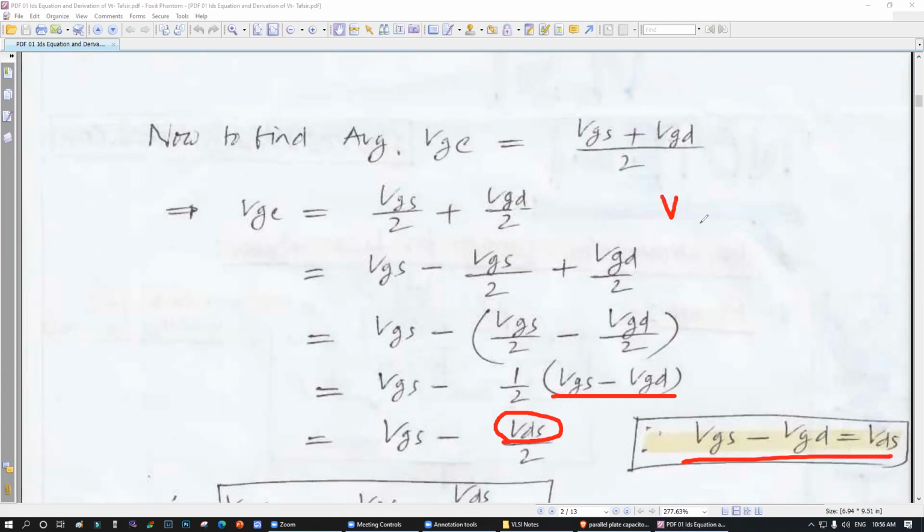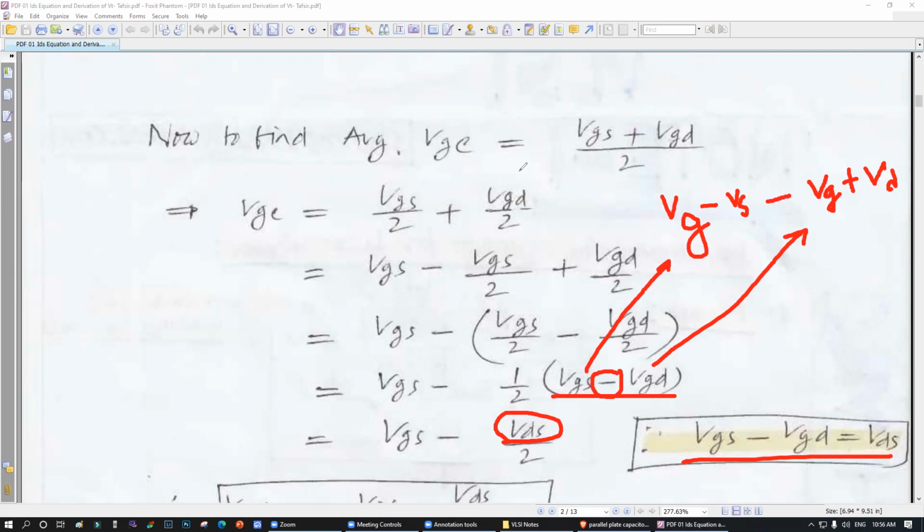VGS means VG minus VS. Understood? Now what is VGD? VG minus VD, but there is a minus in front, so this will be plus.